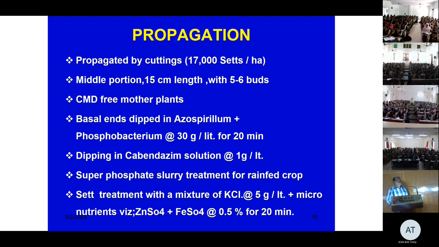And the basal ends are dipped in azospirillum and phosphobacterium at the rate of 30 gram per liter for 20 minutes, as well as dipping in carbendazim solution 1 gram per liter.